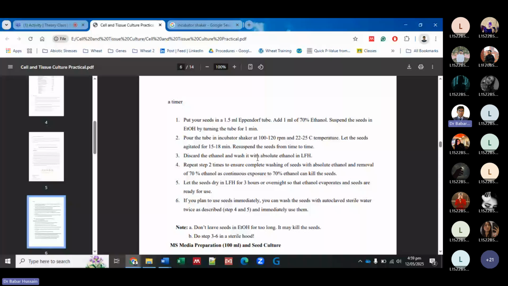After that you discard the ethanol, and you repeat this process 2 times. So why are you doing it, and how will you do it?